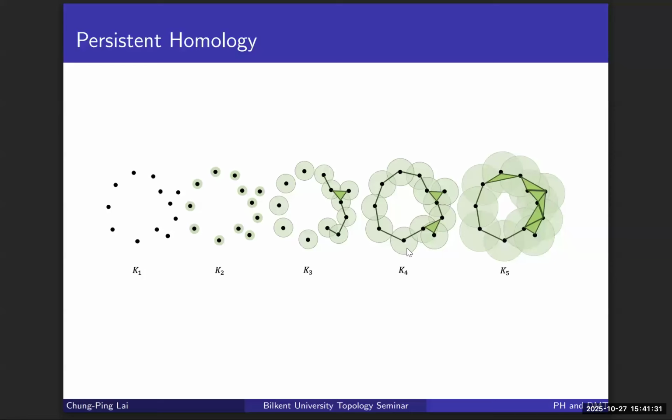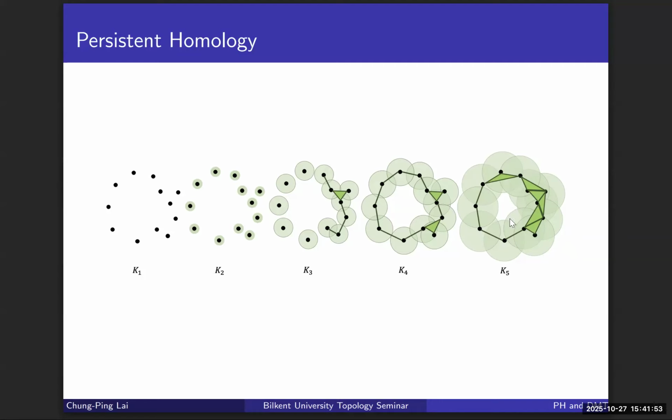And this seems to be the ring that we intuitively see if we look at K1, which is just the vertices. And K5, we increase the radius further, and we still see a ring here.